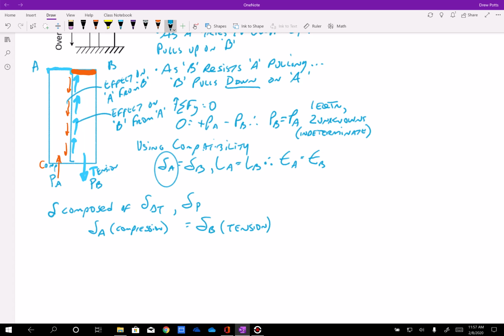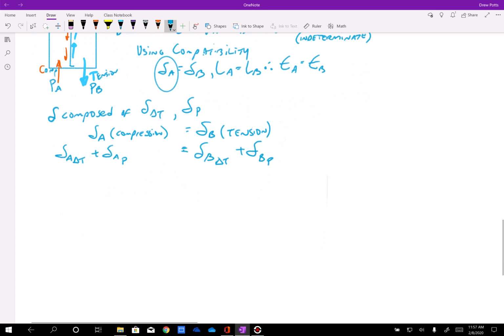The components of A are delta A due to the temperature change plus delta A due to the axial force P equals delta B due to the temperature change plus delta B due to the internal axial force.